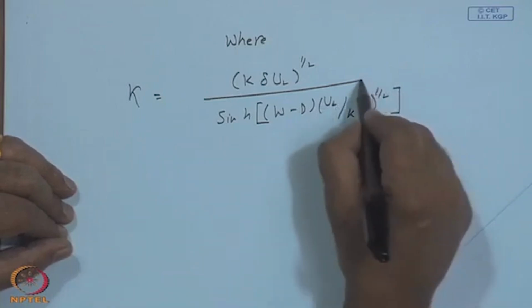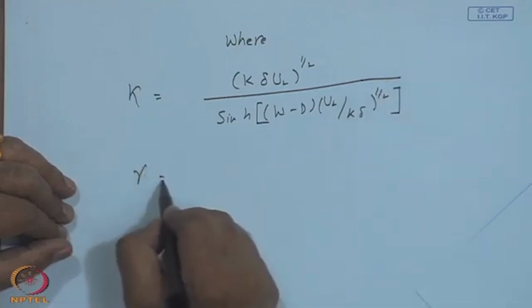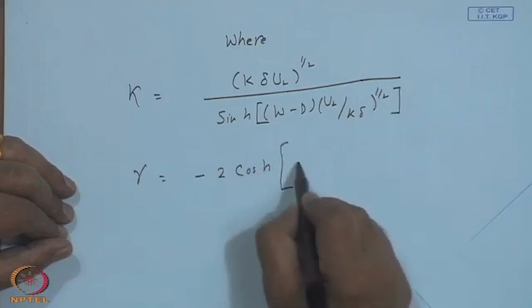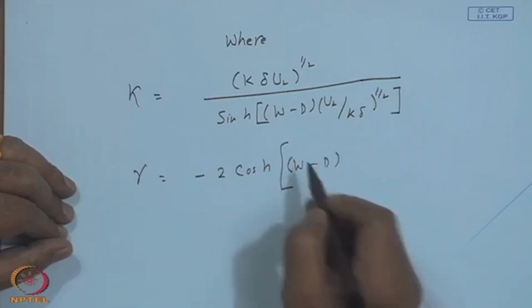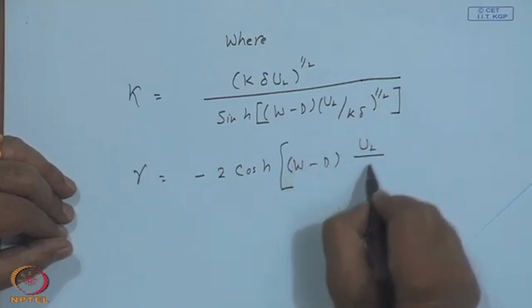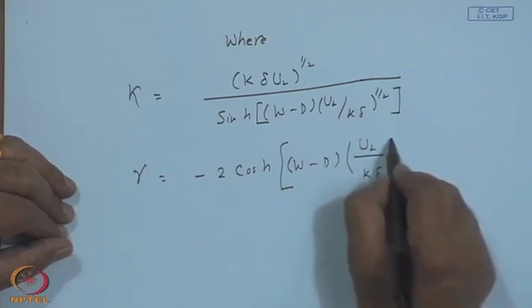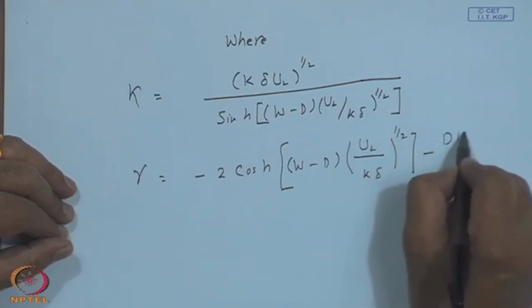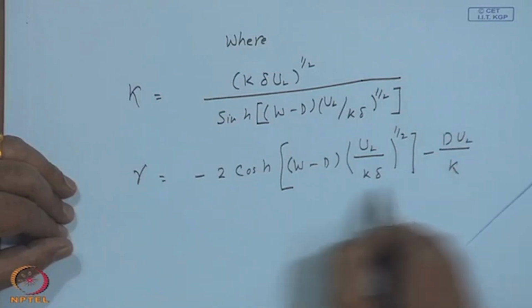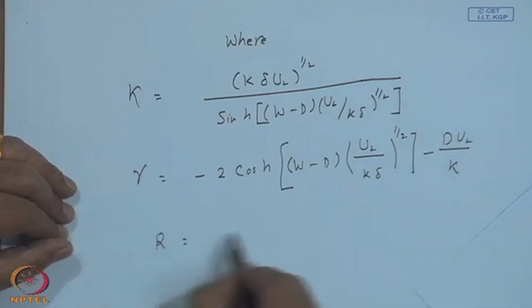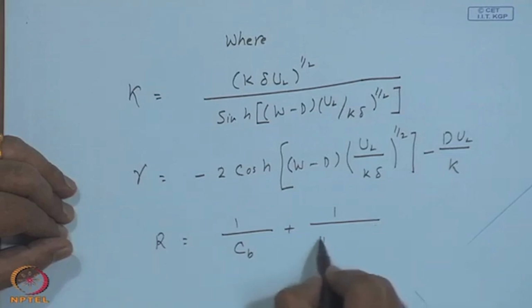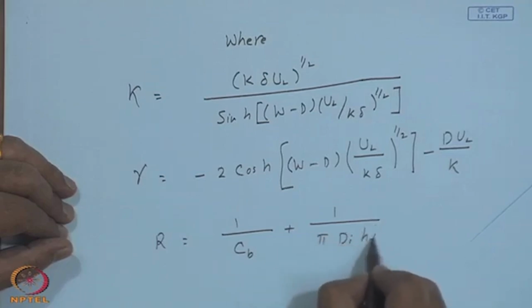So, this closes here, and gamma is minus 2 cos hyperbolic W minus D times UL by K delta to the power 1/2 minus D UL by kappa, and your R is bond resistance, if Cb is the bond conductance, plus the convective resistance pi d I h f I.